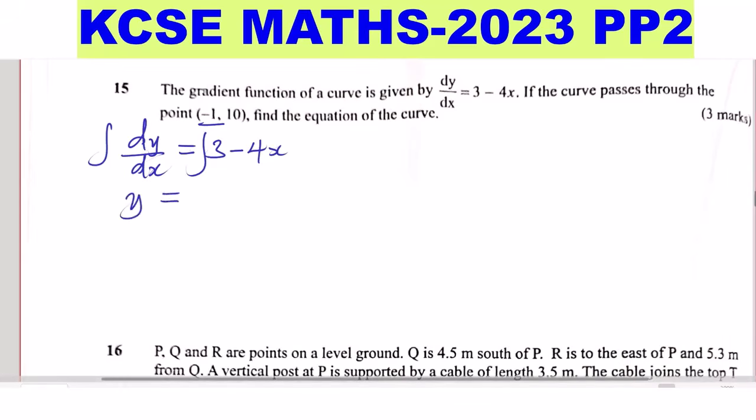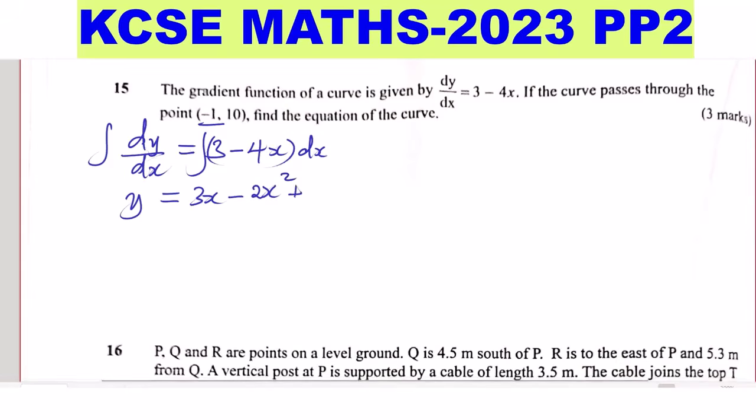When you integrate 3 minus 4x with respect to x, you'll get 3x minus 2x squared, then you have to add a constant. We are finding the equation of the curve. Cos this y is equals to 3x minus 2x squared plus c will give the equation of the curve. What we don't have is the constant. Need to get that. And you're going to use this point where it passes through.